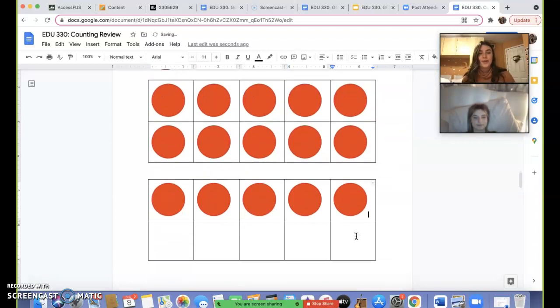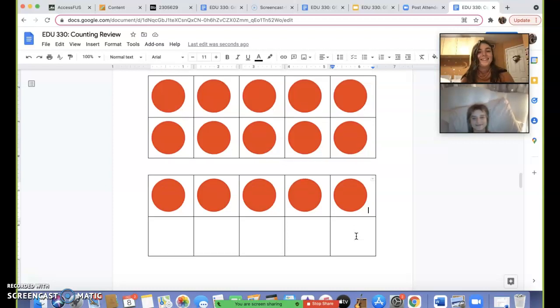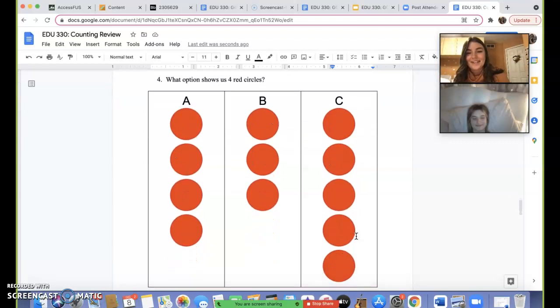All right, can you do me a favor and count those out loud just to make sure that there's 15 dots there? 1, 2, 3, 4, 5, 6, 7, 8, 9, 10. 1, 2, 3, 4, 5. Yep. Good job.